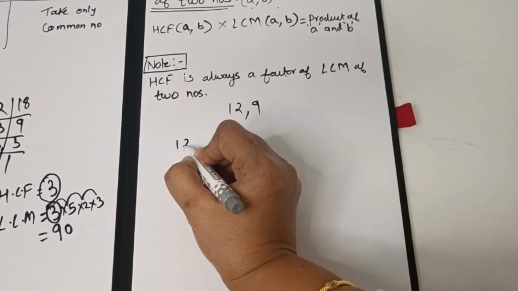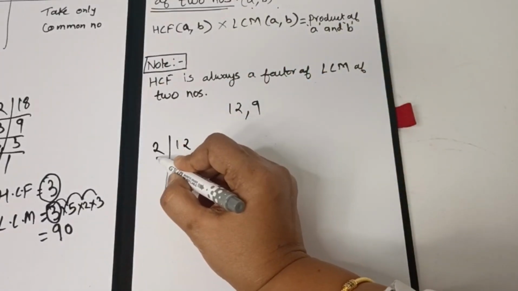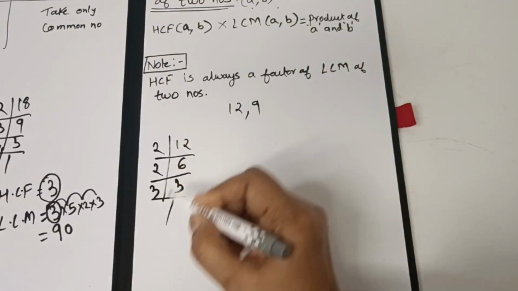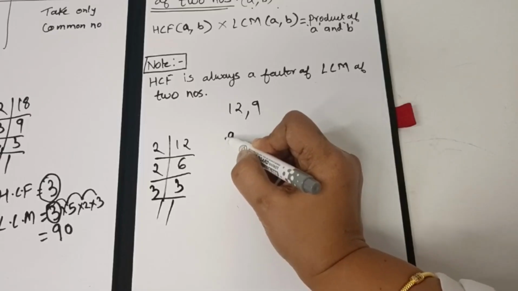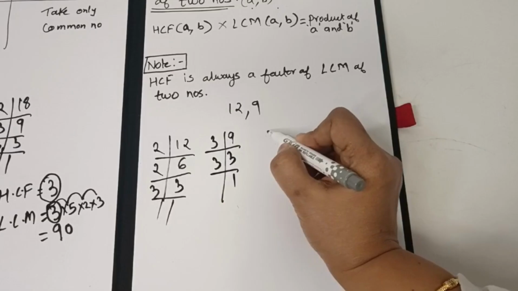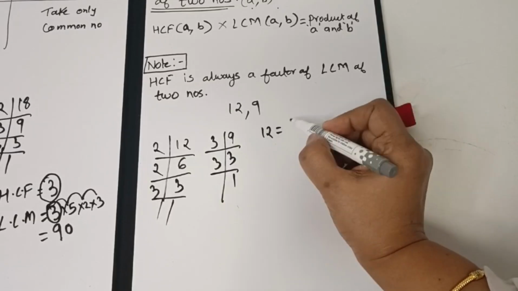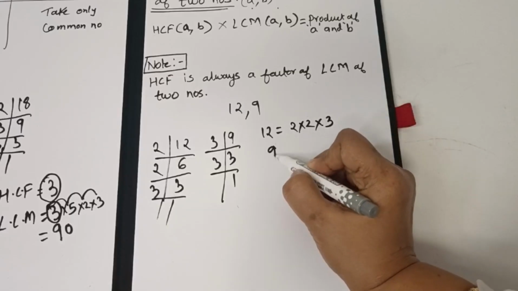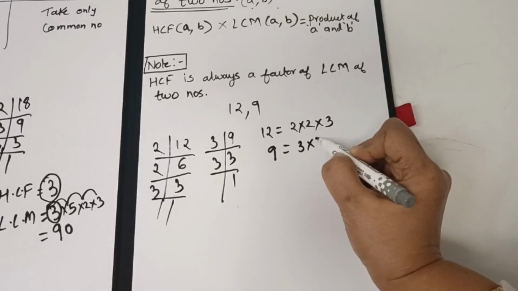First of all, I'll factorize 12. So 12, 2 6s are 12, 2 3s are 6, 3 1s are 3. And 9: 3 3s are 9, 3 1s are 3. So I can write 12 as 2 into 2 into 3 and 9 as 3 into 3.